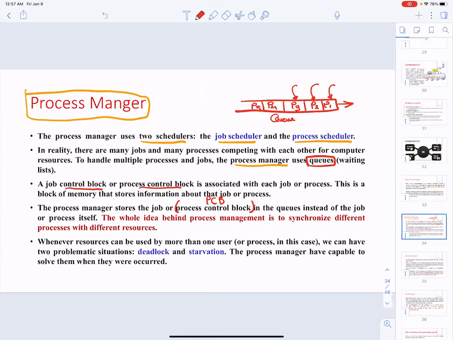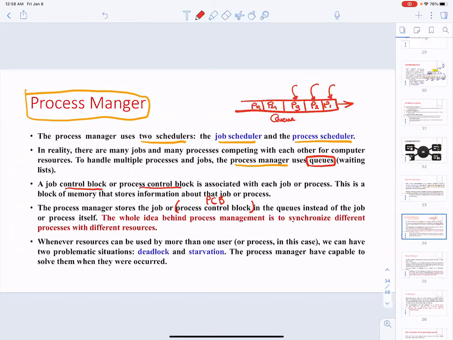That means each process will be represented by a process control block. This process control block should be stored in a queue, and then the scheduler, as a part of the process manager, will decide on which process or job should be executed first based on the allocation in the queue.